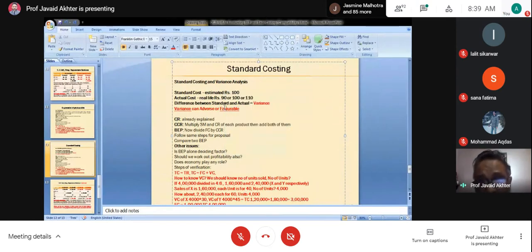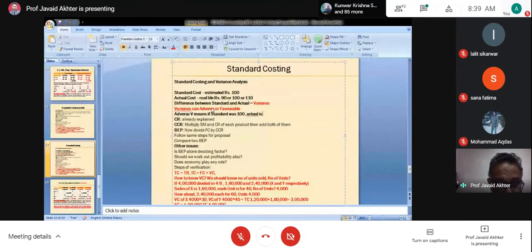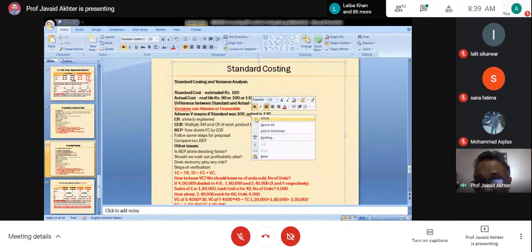What will be the adverse variance? Adverse variance means if the standard was 100 and actual is 110, then it becomes your adverse variance.